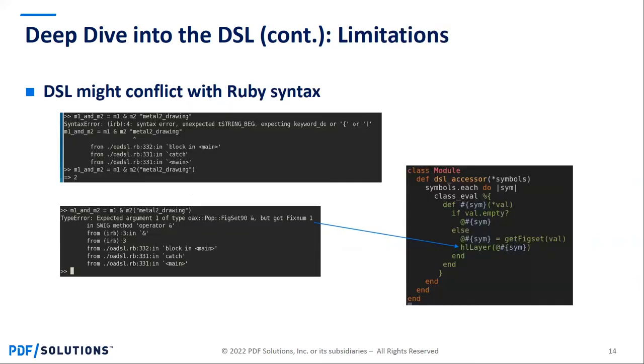Next slide. Okay, so the problem with the DSL, there are some limitations, of course, because the DSL might conflict with the Ruby internal syntax. As an example, if I do something like metal1 and metal2 equals m1 and m2 metal drawing, meaning I have an m1 object there, but I want to do an AND operation with an object I create at the same time.